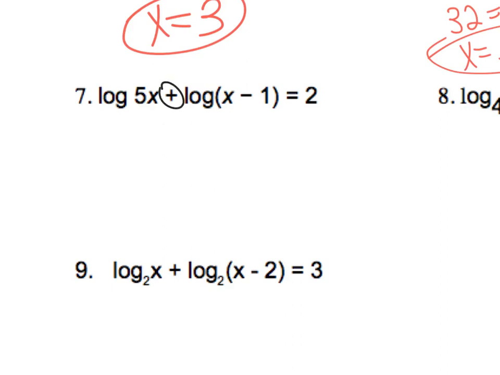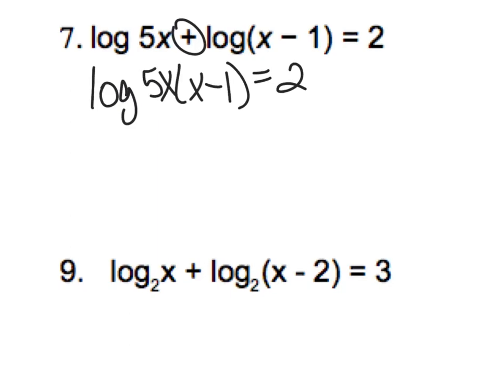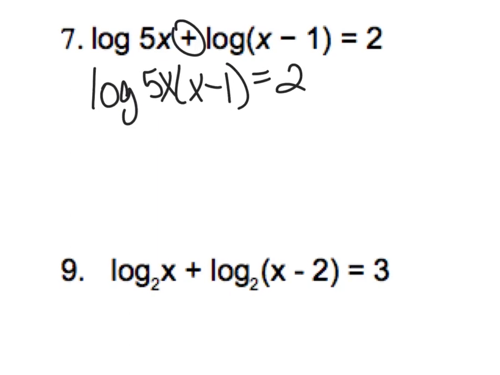That plus sign in between there tells me I can put them together to be the log of 5x times x minus 1 equals 2. We're going to go through that process again. I'm going to distribute that 5x, so I'm going to have log of 5x squared minus 5x equals 2.